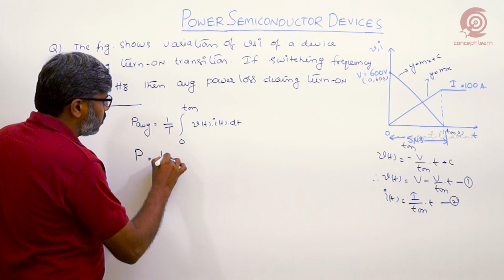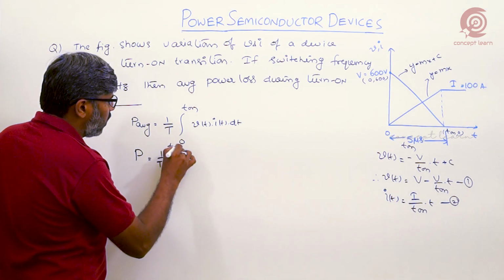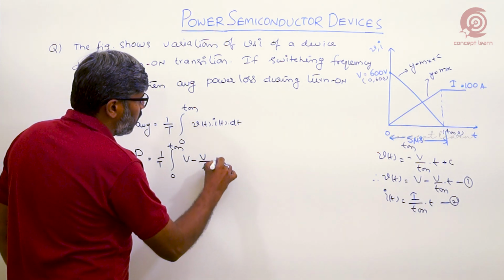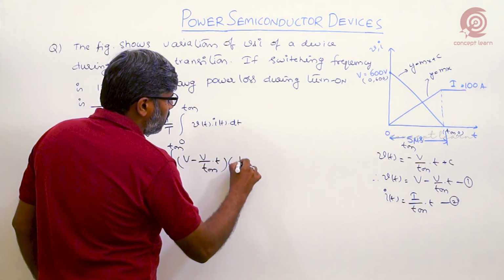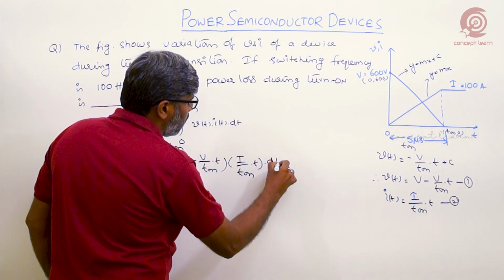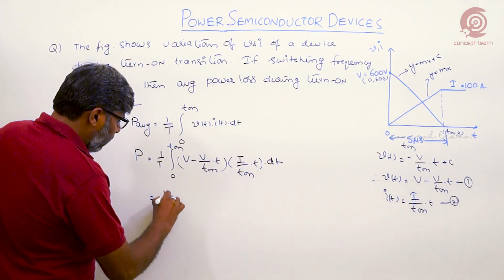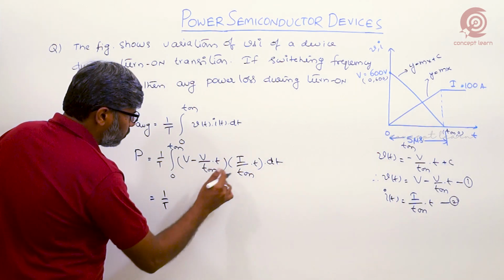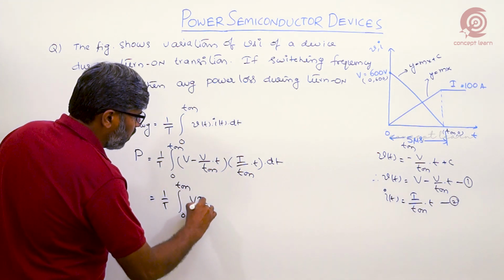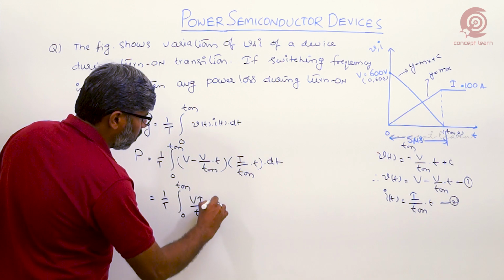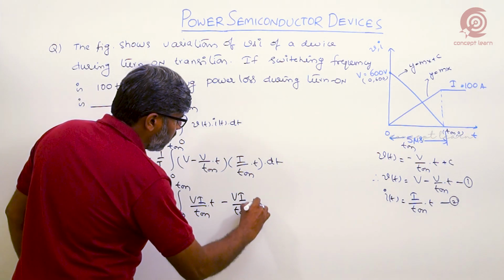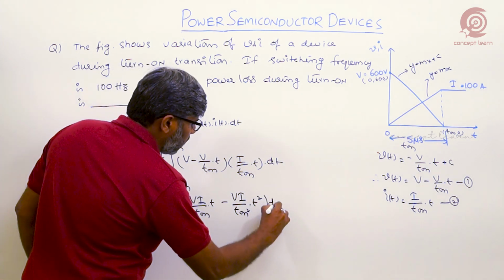P average equals 1 by T, integral from 0 to T on of V minus V by T on into T, times I by T on into T, dt. So by simplifying, multiplying these two, we get 1 by T, integral from 0 to T on of Vi by T on into T minus Vi by T on square into T square, dt.